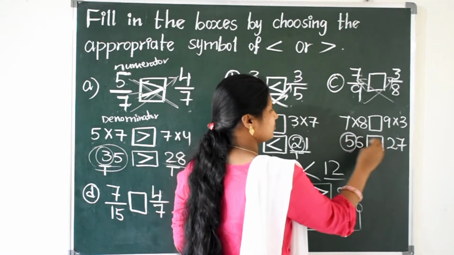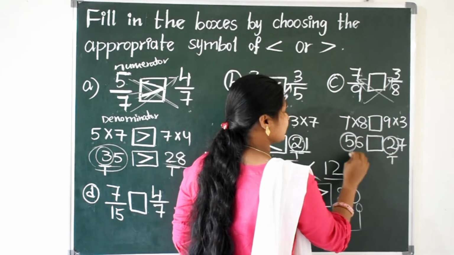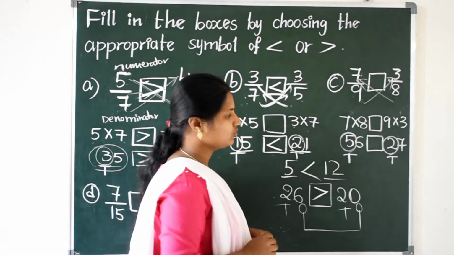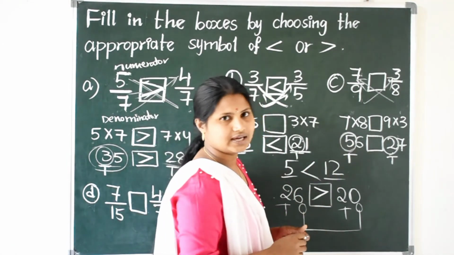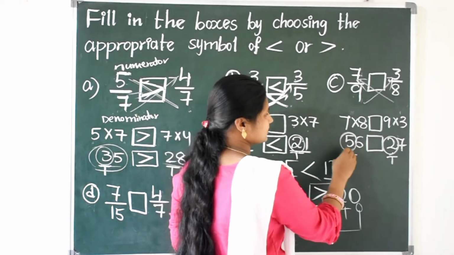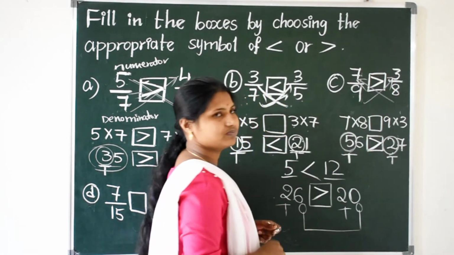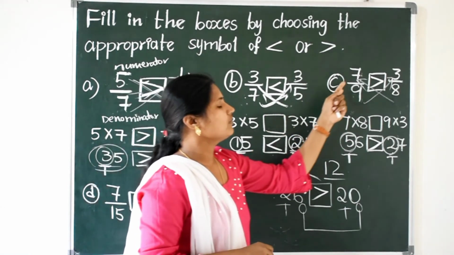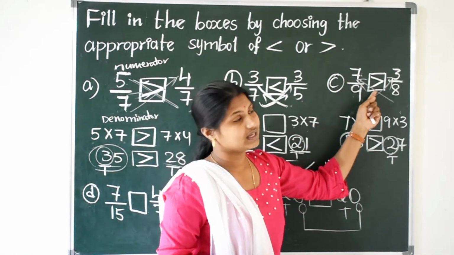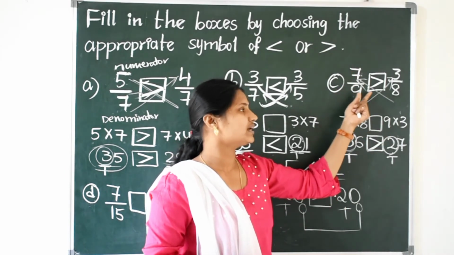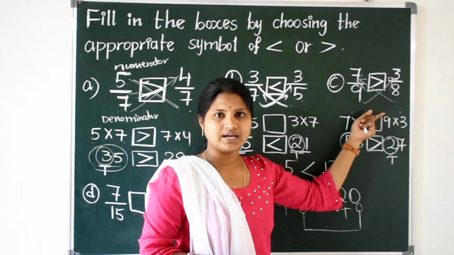Here also we got 2-digit number both sides, so compare the tens place values only. 5 and 2. Yes, 5 is the greater number. So 56 is greater number. So here which symbol comes? Greater than symbol. So we can say 7 by 9 is greater than 3 by 8.